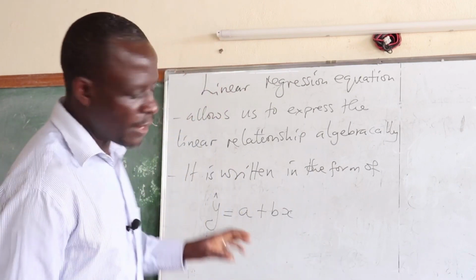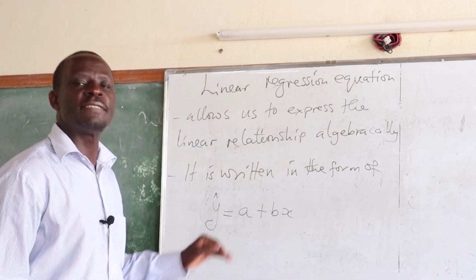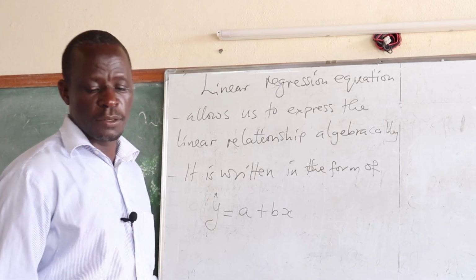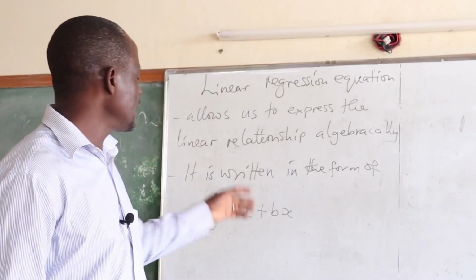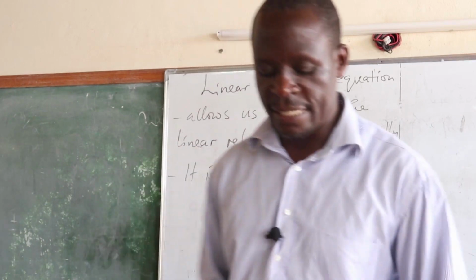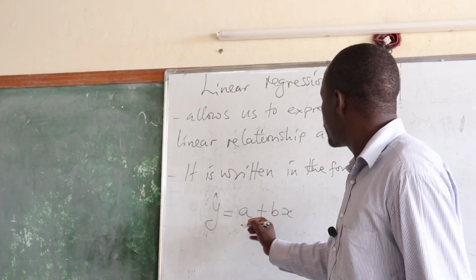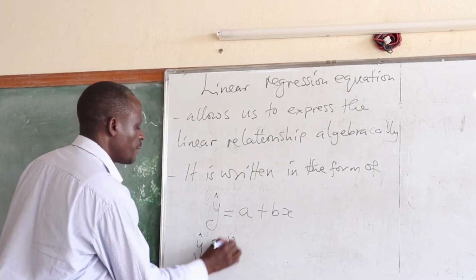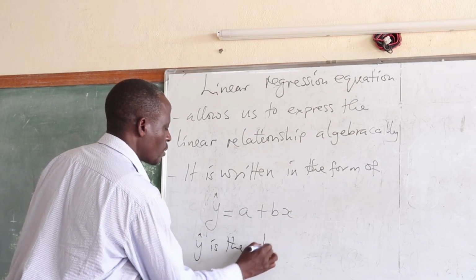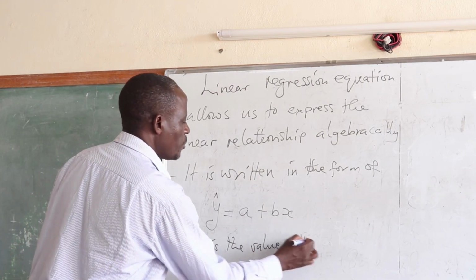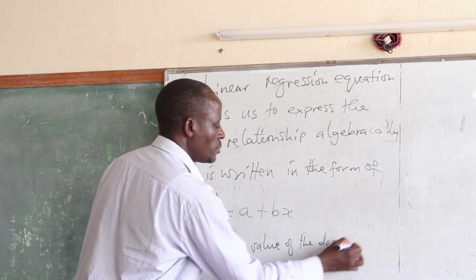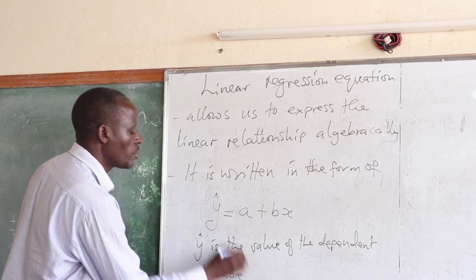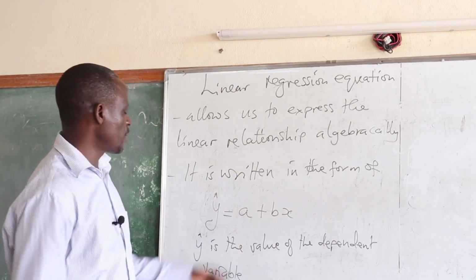The y hat is the value of the dependent variable that can actually be predicted in this particular equation.